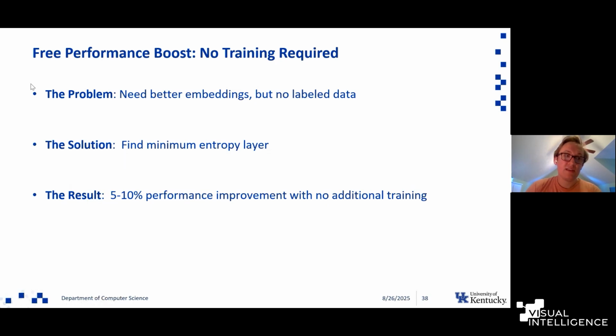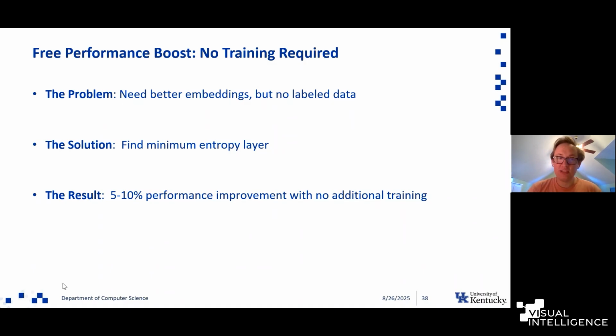This lets us do a simple experiment, which is looking for free performance boosts in the model. Let's say our problem is we need to get better embeddings from our model, but we have no labeled data to train anything. So we have no labeled data to test which layer is best on a classification task, for instance. One good solution is finding the layer with minimum entropy, because there's so much correlation between entropy and accuracy.